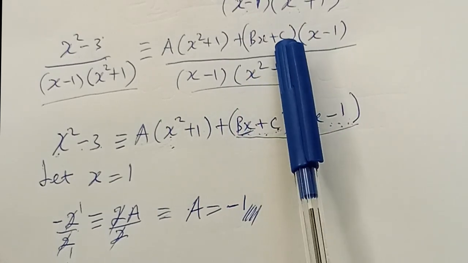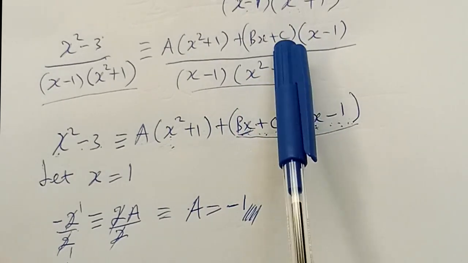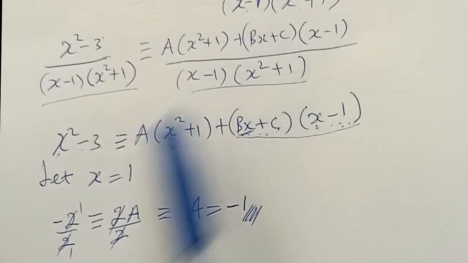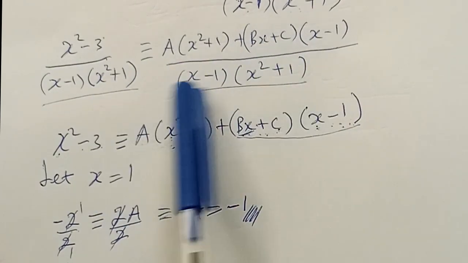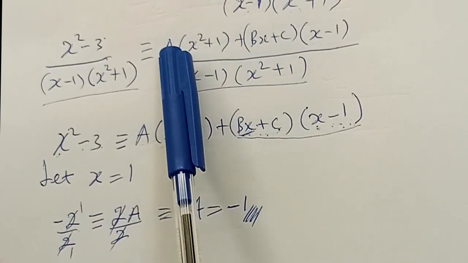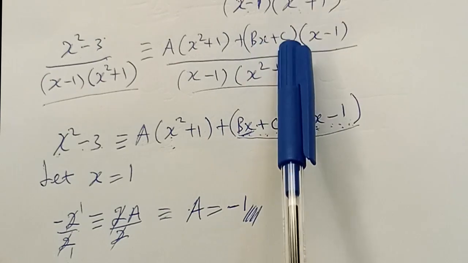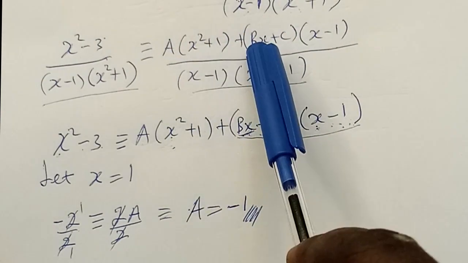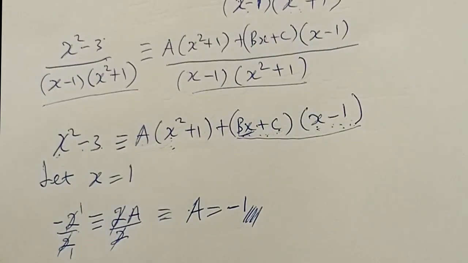And we already know the value of c here as well, which is 2. So by representing this in partial fraction form, we replace a with minus 1, b with 2, and c with 2.